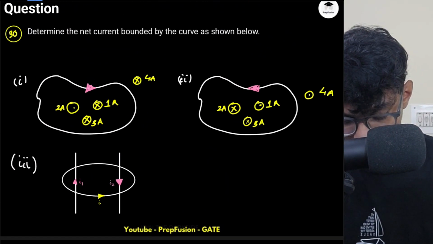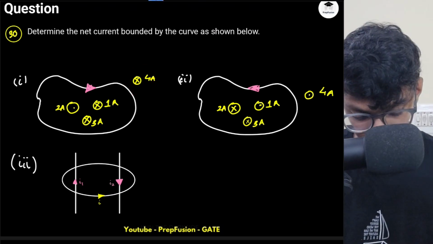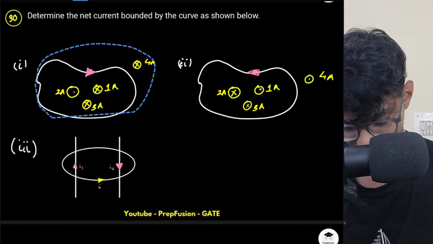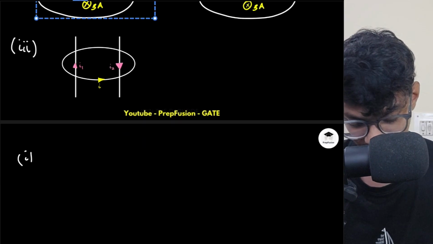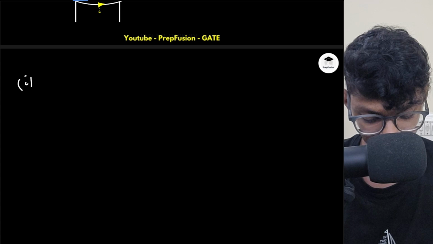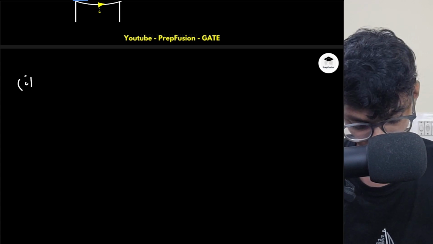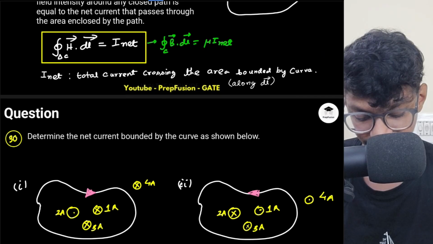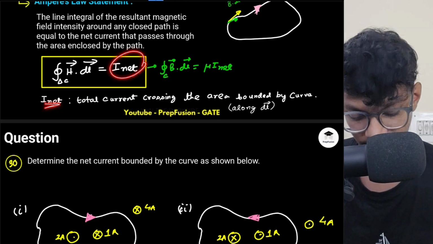In the first one, I observe that there is a 4 amperes current outside. Will this outside current contribute to my I enclosed? Let's read the definition of I enclosed, or I net.